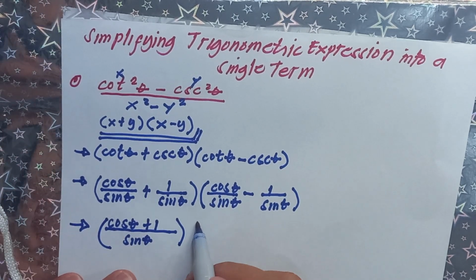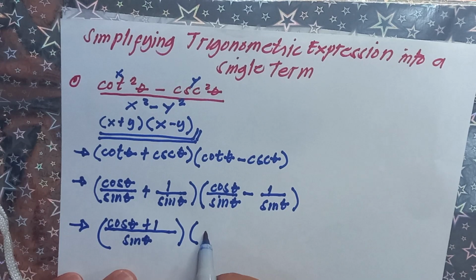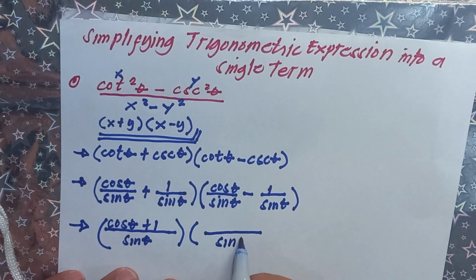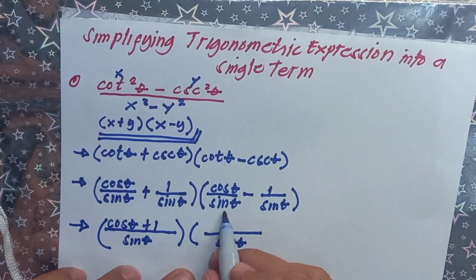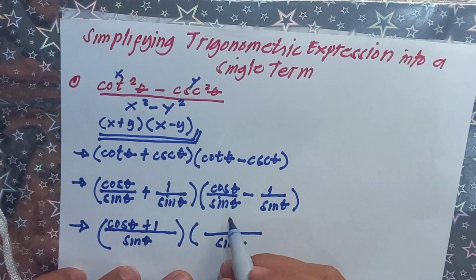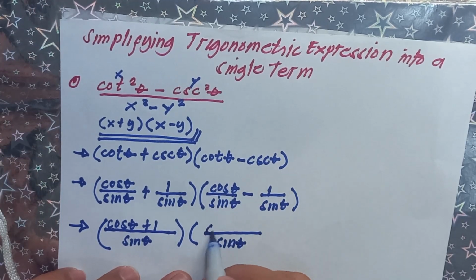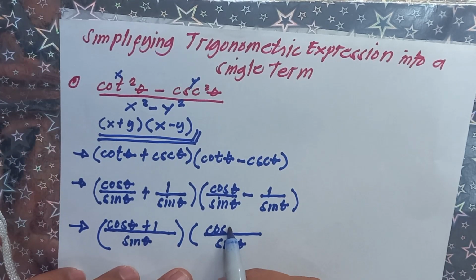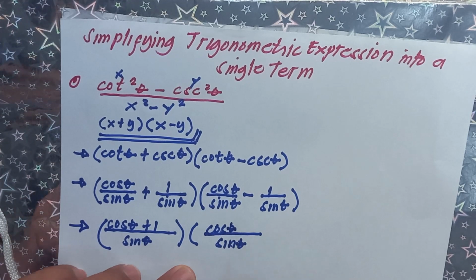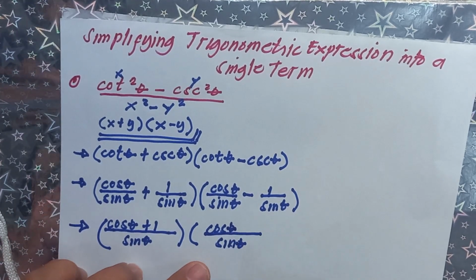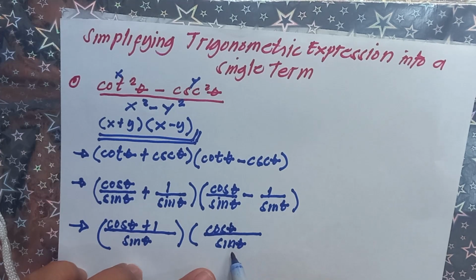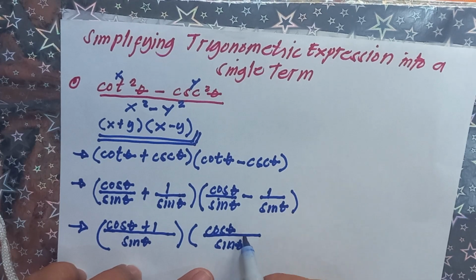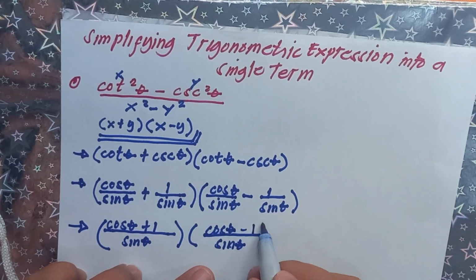So that is the result. Now for the other one, what is the LCD? Our LCD is the same, sine theta. Sine theta divided by sine theta is 1, multiplied by cosine theta, that is the same as cosine theta. Continuing, sine theta divided by sine theta is 1 multiplied by 1, so that is 1.